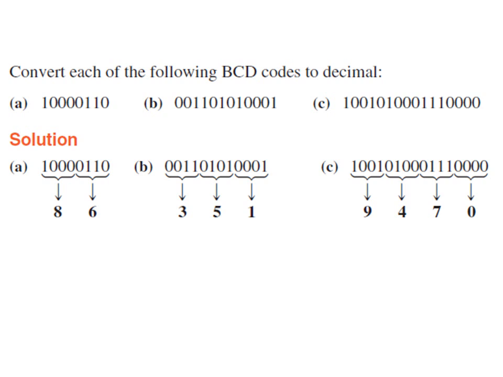Similarly, we can convert the BCD code into the decimal number system. Very simple. Replace the code with the required digits and you get the BCD to decimal conversion.